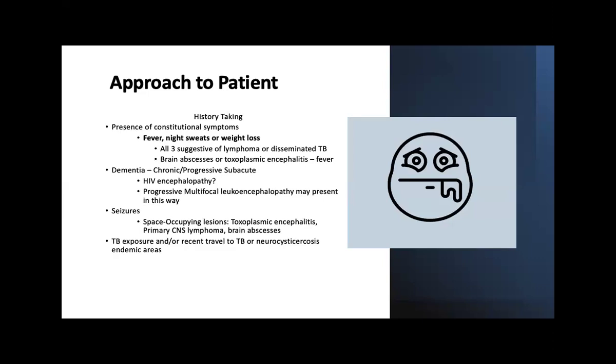Patients who present with or give a history of new onset seizures would be suggestive of a space occupying lesion in adults or adolescents known with HIV. And of course, it's important to ask about TB exposure and any TB contacts at home, and recent travel to TB or neurocysticercosis endemic areas.